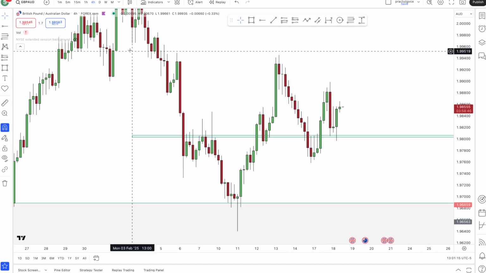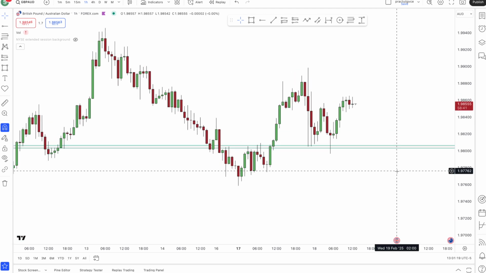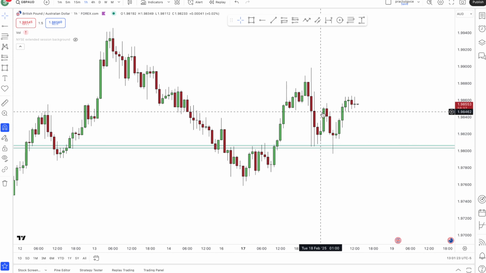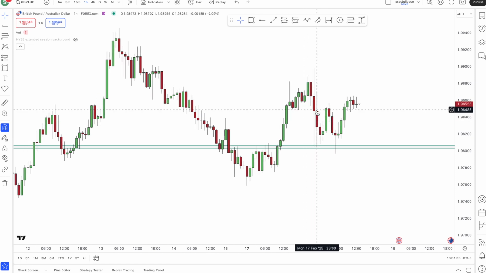Okay, scale down to the 1 hour. We get an initial reaction, a nice candle. I didn't get in here because I like to see my level with multiple confluences, and then I like to have multiple confluences as an entry.